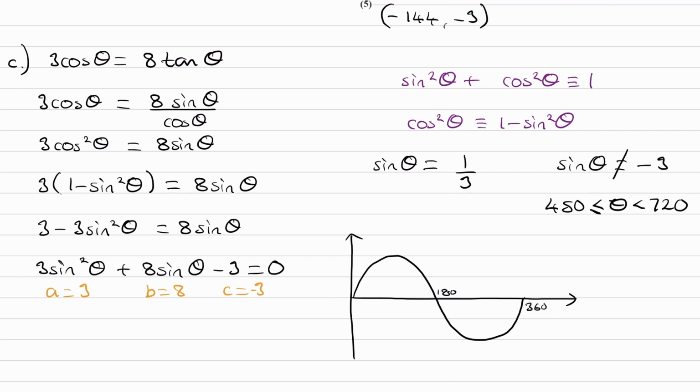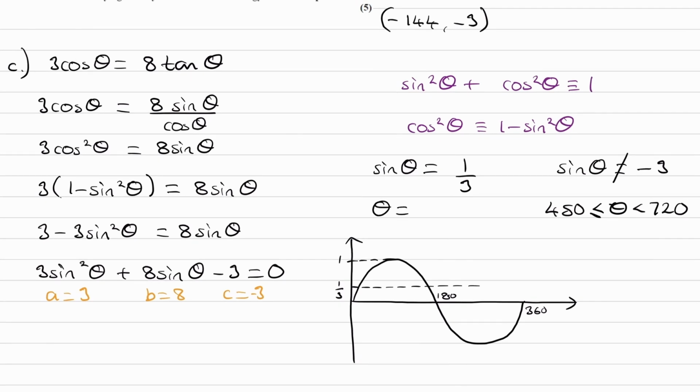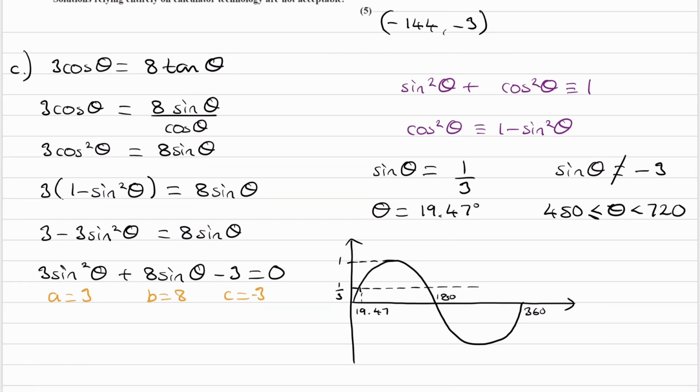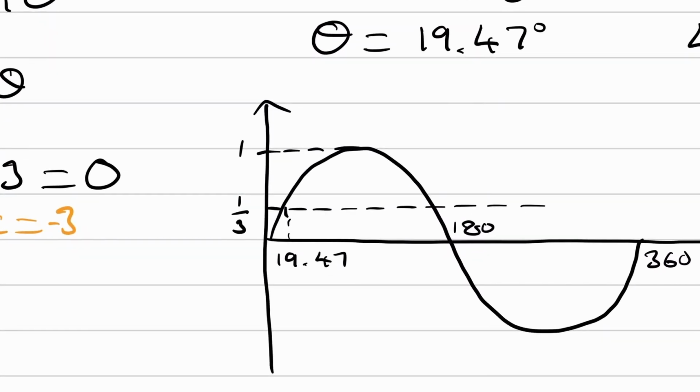So 1/3 is over here somewhere. So sine theta is equal to 1/3. 1 is here. If I do inverse sine of 1/3, I get 19.47, which is down there. And then, using the symmetry of the graph, if I do 180 minus 19.47, I end up with 160.53.